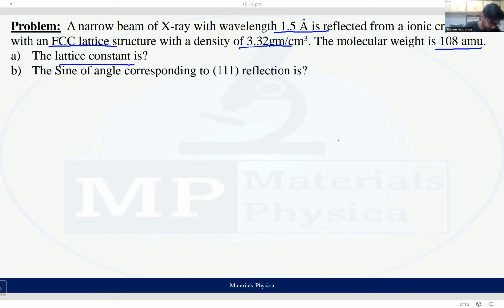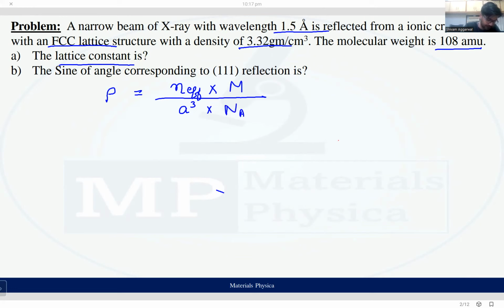So we know the density of a crystal rho is given by N effective multiplied by molecular weight over volume of unit cell, and for cubic it would be a cube into Avogadro number.